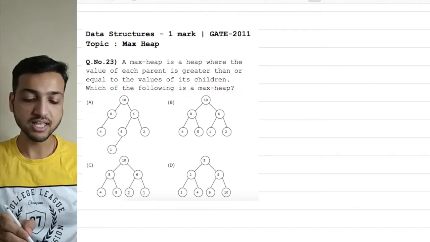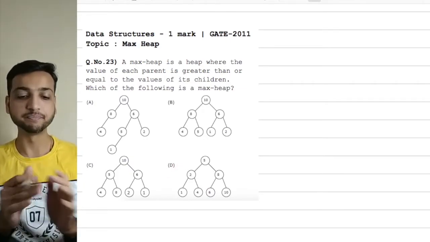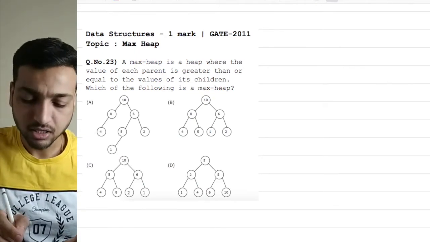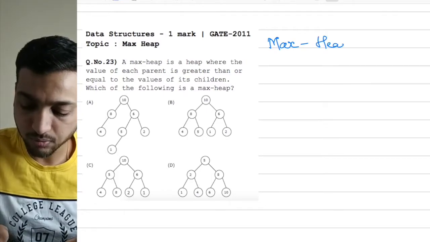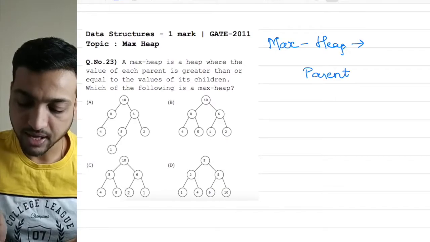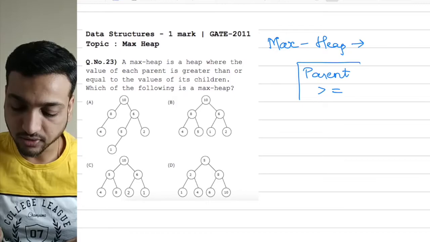So we are given four options, A, B, C, D, and we have to find out which one of them is a max heap. So first, let's quickly note down whatever definition they have given of max heap. So they said that the max heap is going to look like this. Whatever is the parent is going to be greater than or equal to its children.